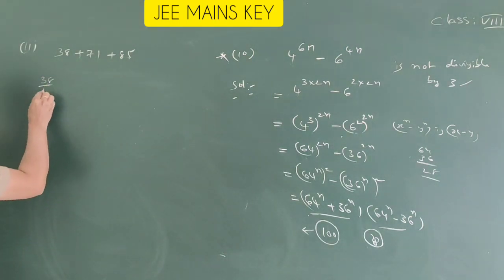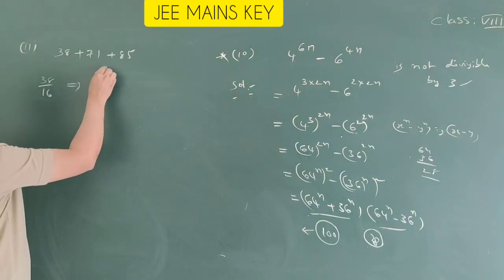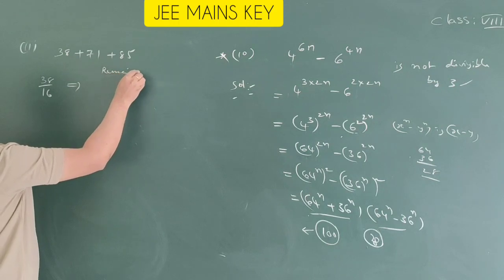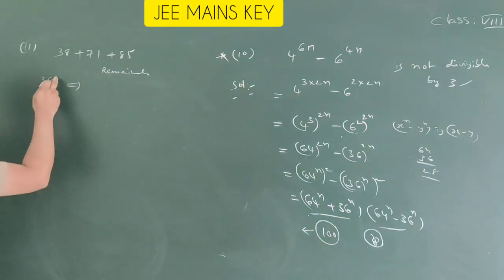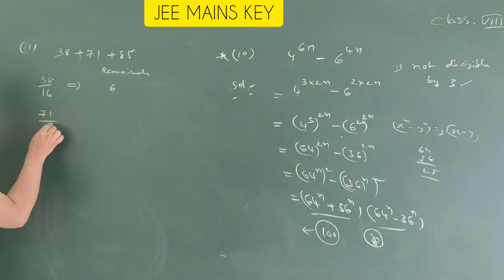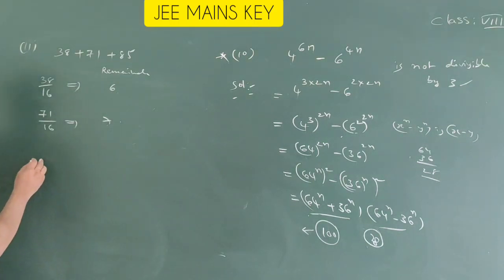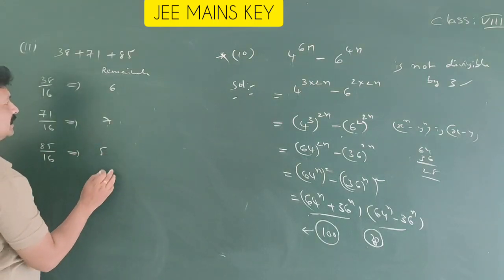Here 38 by 16, the remainder is 6; I am writing the remainders here. 71 by 16: 16 fours are 64, 7 is the remainder. 85: 16 fives are 80, so 5 is the remainder.